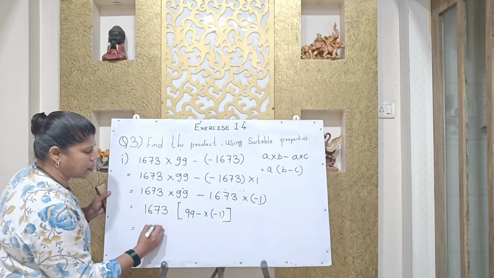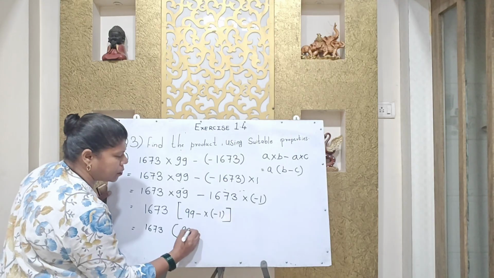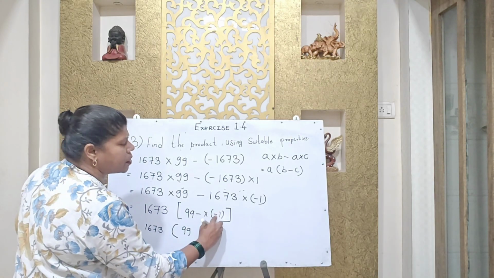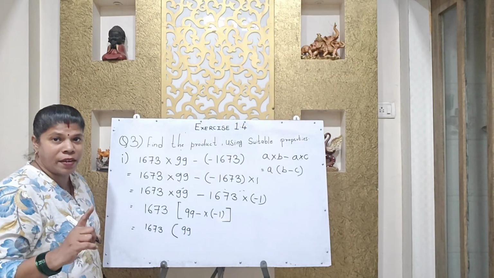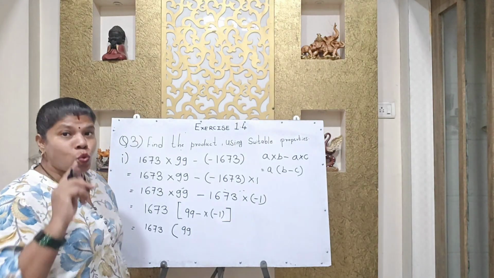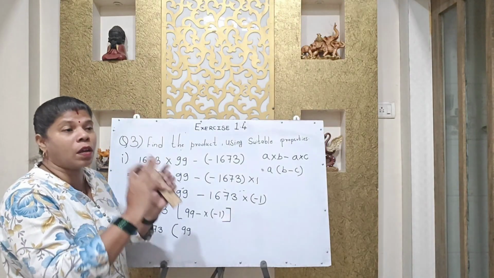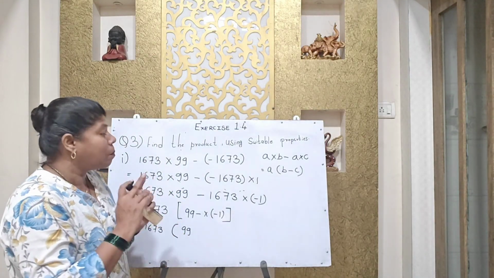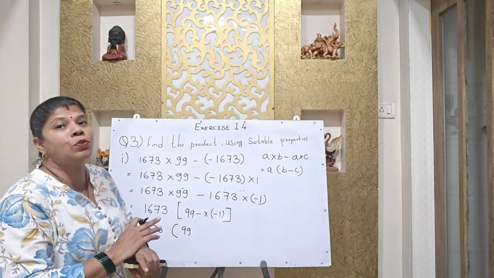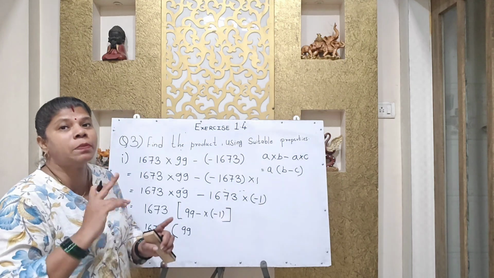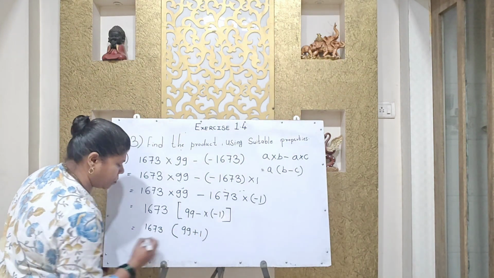Now 1673 inside the bracket, this 99 minus multiplied by minus is plus, and there is no need to give the sign of minus. When we are adding two minus signs, we need to give the minus sign to the answer. But when we are multiplying two minus signs, there is no need to give the minus sign, because minus multiplied by minus is always positive. So here will be the plus 1.